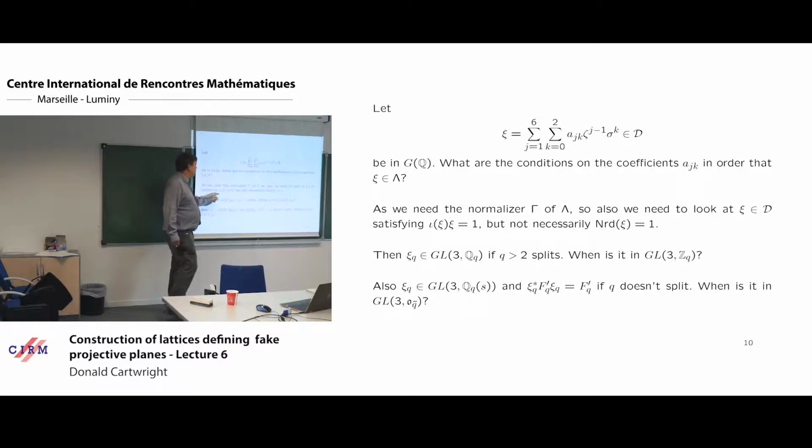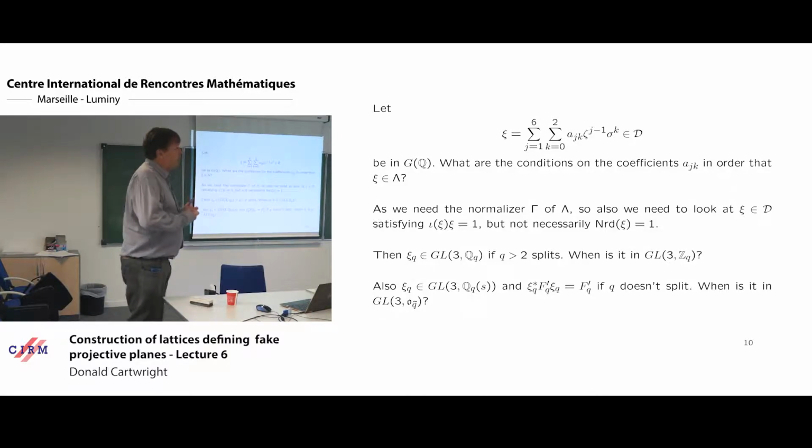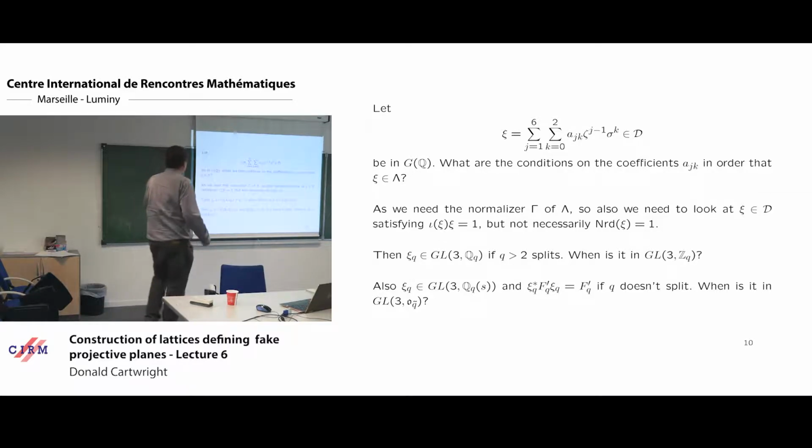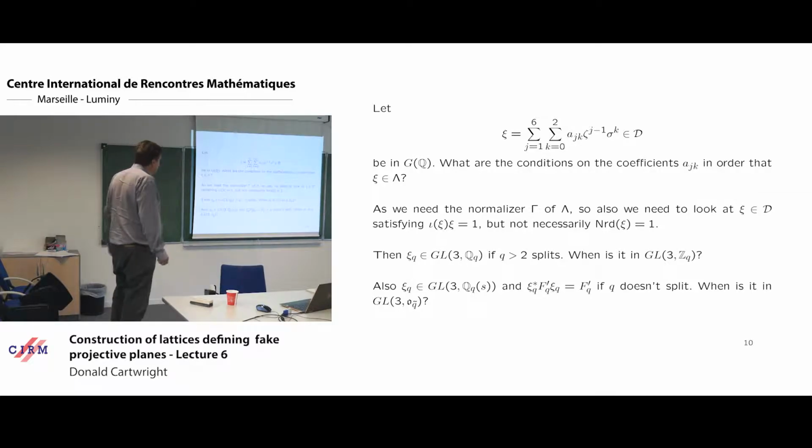And so what that means is we need to look at the psi as satisfying this, which don't necessarily have reduced norm 1, because they will normalize the lambda. And one can see that that gives you the full normalizer.